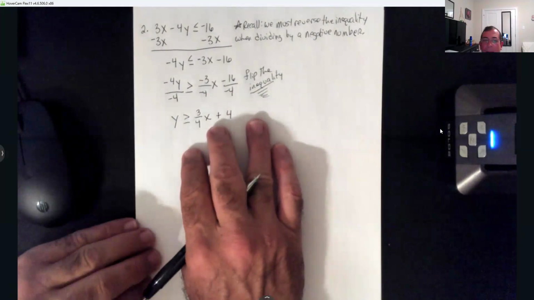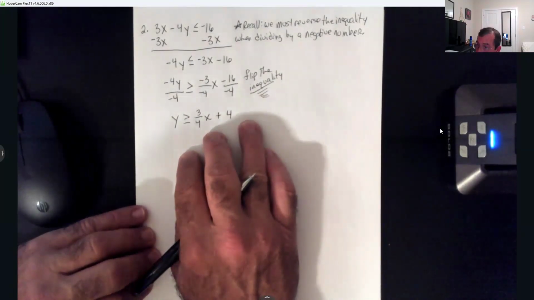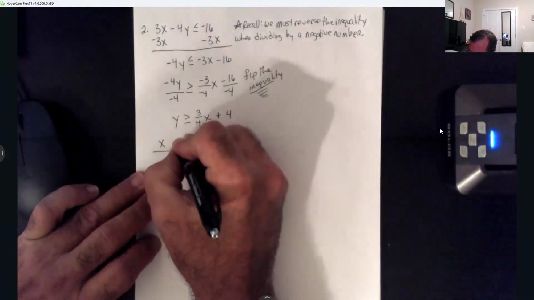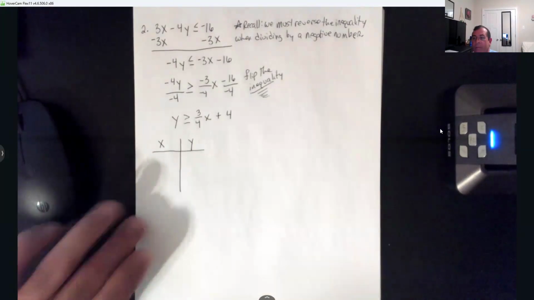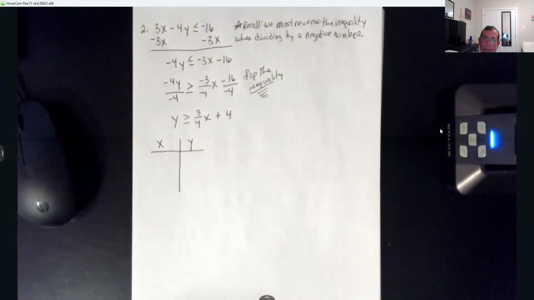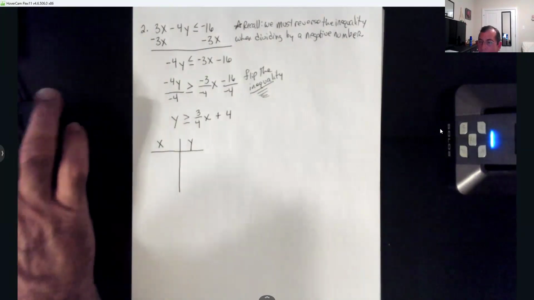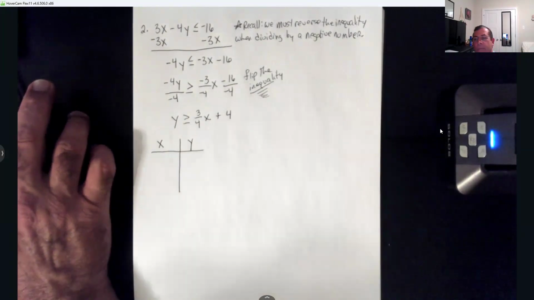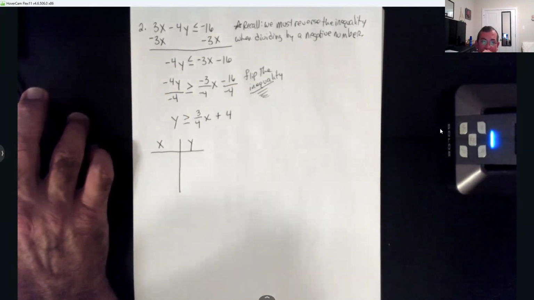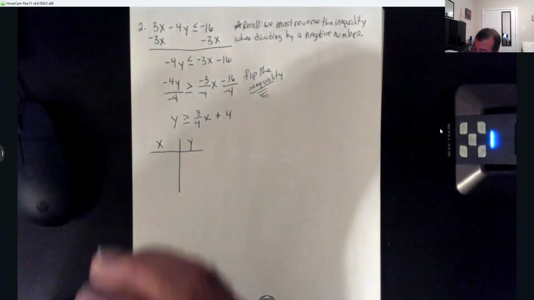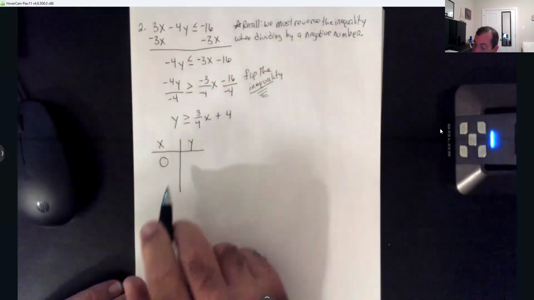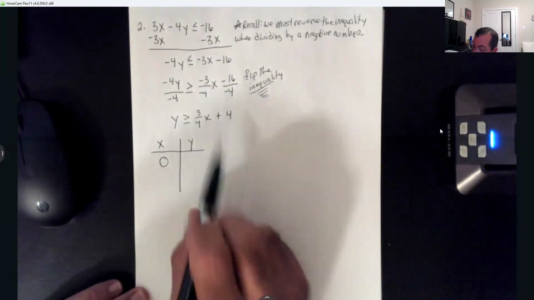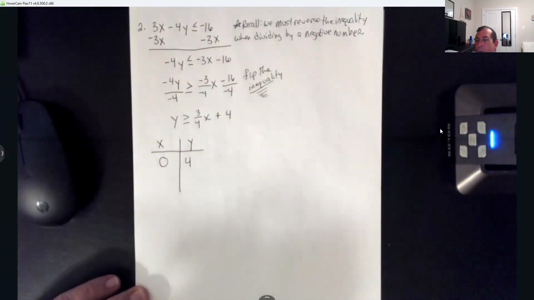All right, at this point, I can put it into my calculator. I think if I was doing it by hand, I'm always going to pick a 0 because 0 times 3/4 is 0, and 0 plus 4 gives you a 4.